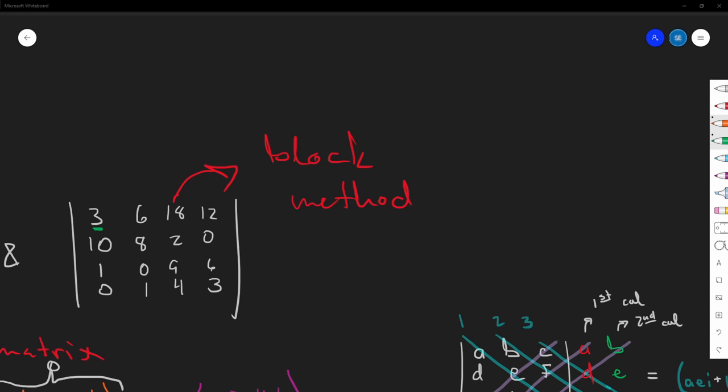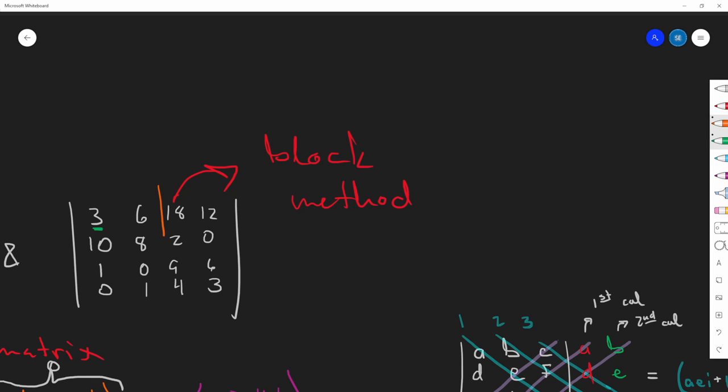So now we're going to talk about the last method that I've been holding on for so much, and that will be the block method. What I mean by the block method is, if we have a 4 by 4 matrix, as we have here, we can break this up into smaller matrices, 4 blocks.